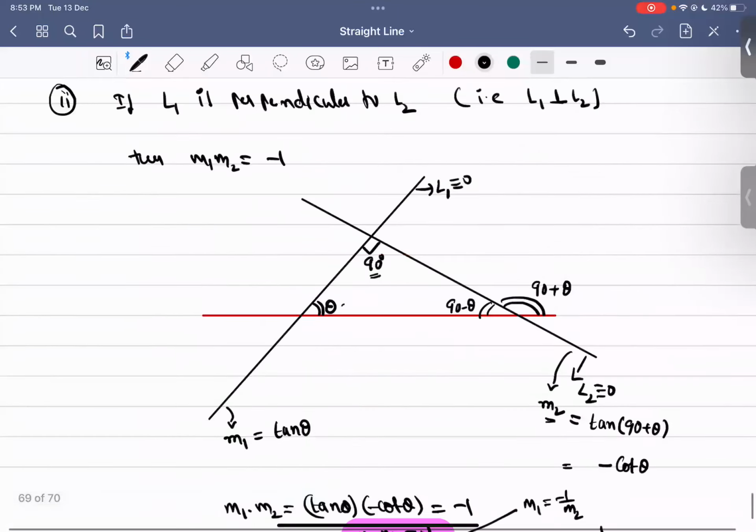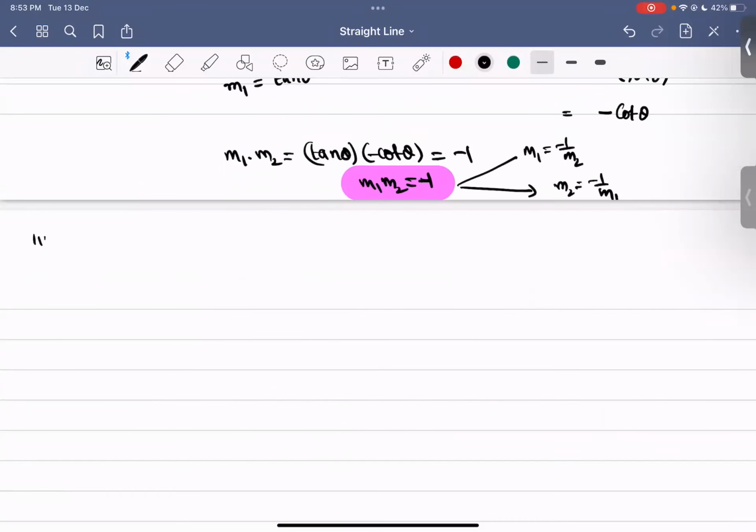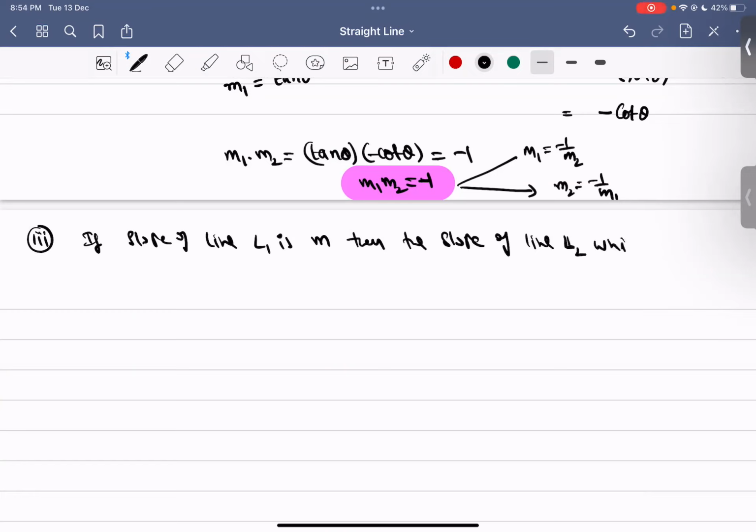Next, the third point: if the slope of line L1 is m, then the slope of line L2, which is perpendicular to L1, will be minus 1 by m.